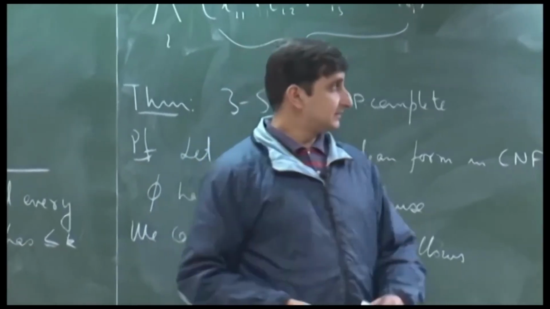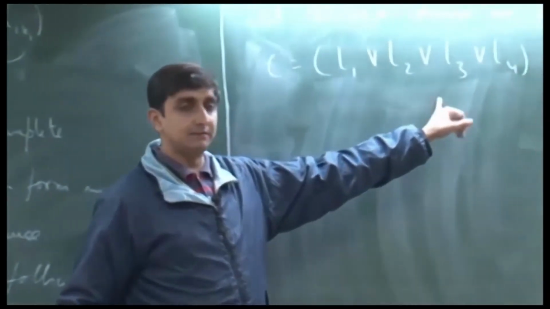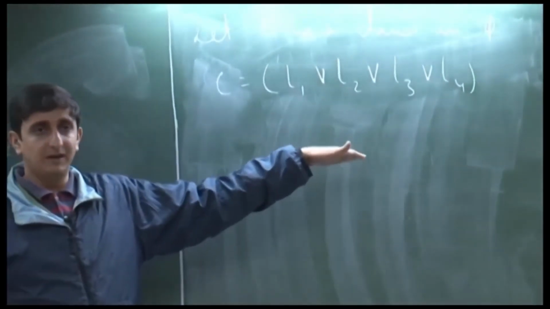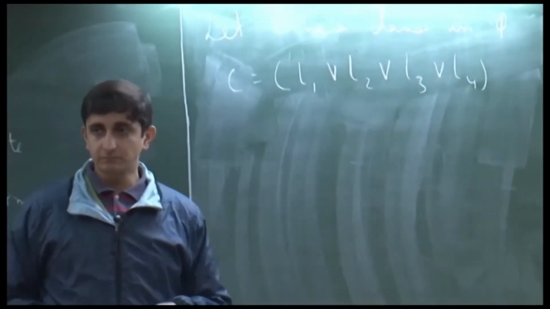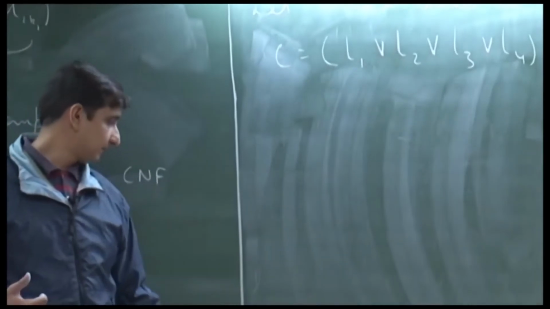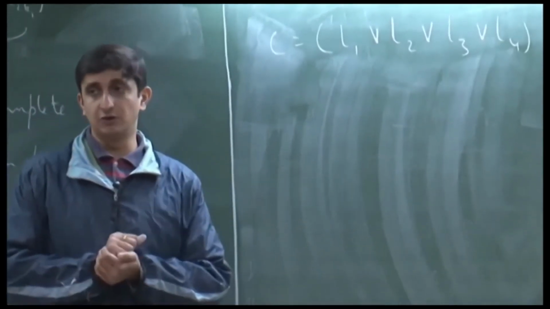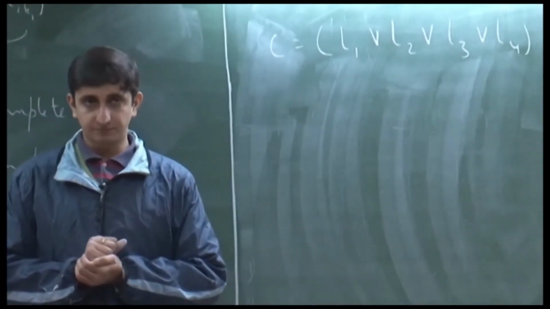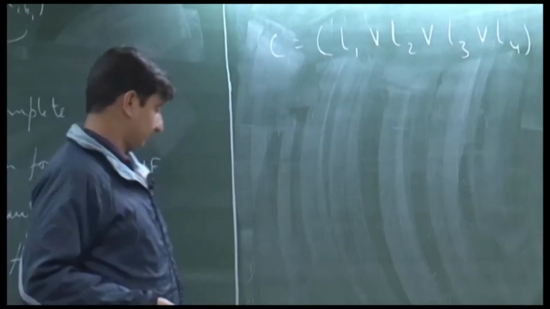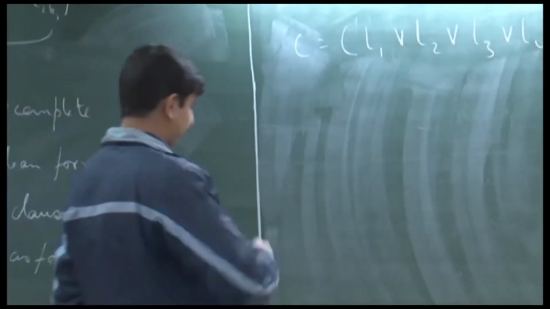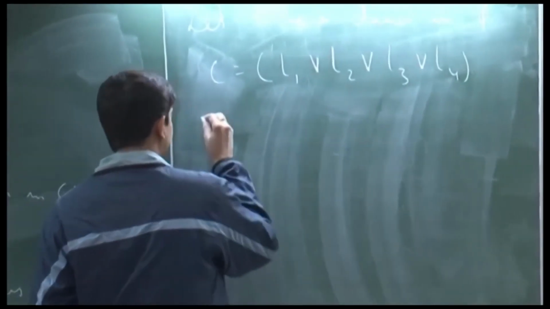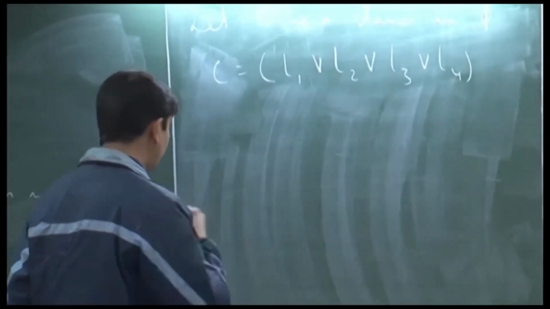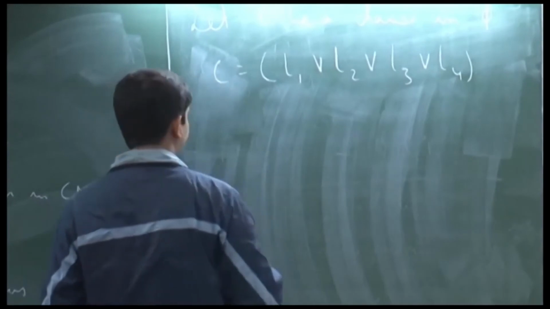The idea is that if this is satisfiable, then whatever we are constructing should be satisfiable, and if this is not, then the reduced formula also should not be satisfiable. Let me give the answer to that. Given C, we construct 2 clauses as follows.